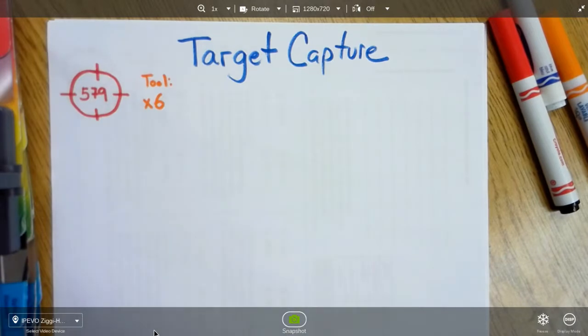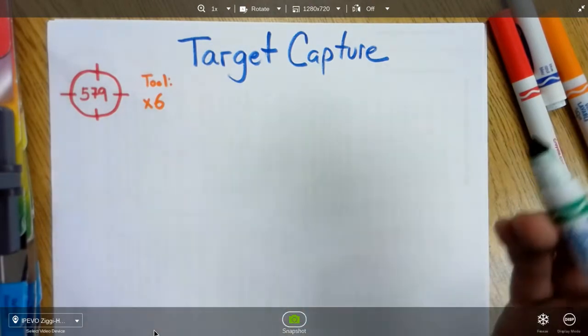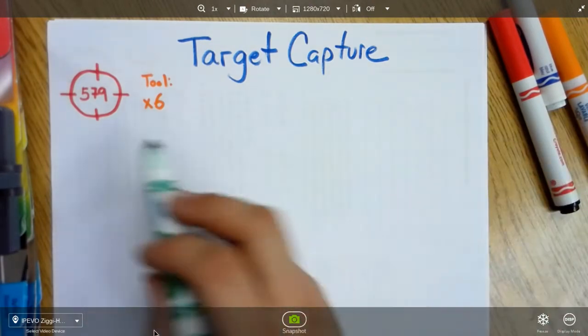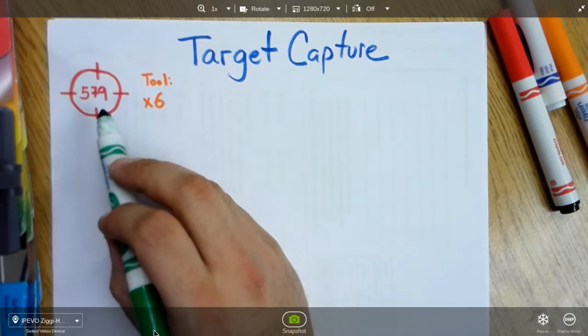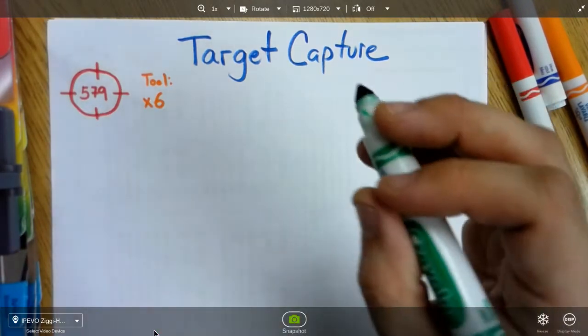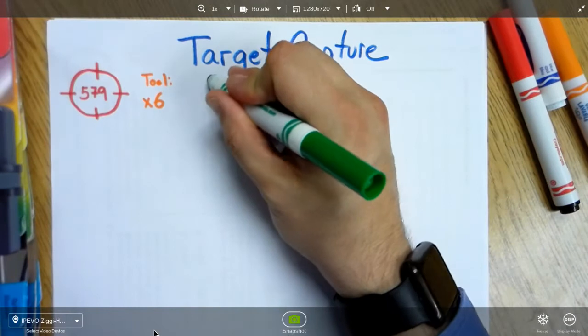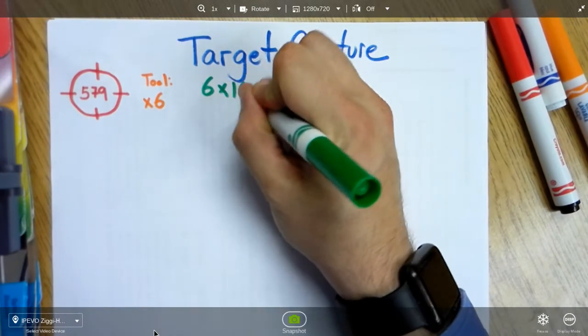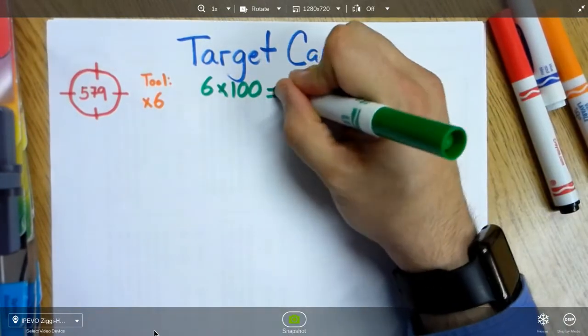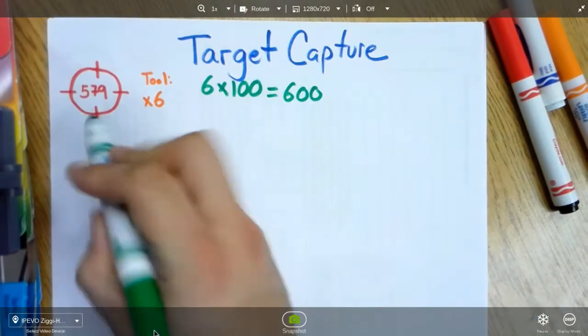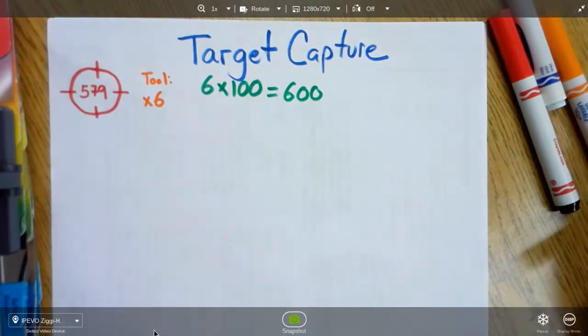So I'm going to start off by thinking, let's see, 6 times 10 is 60. That's, of course, way too low. 6 times 100, that's getting pretty close, actually. 6 times 100 equals 600. That's really close to 579.